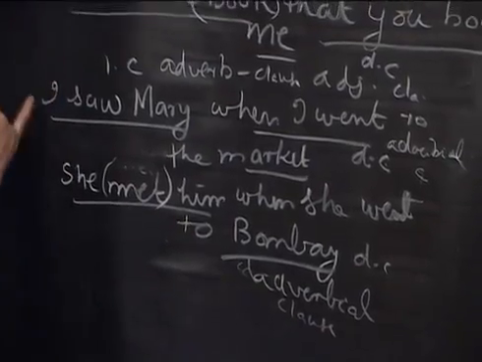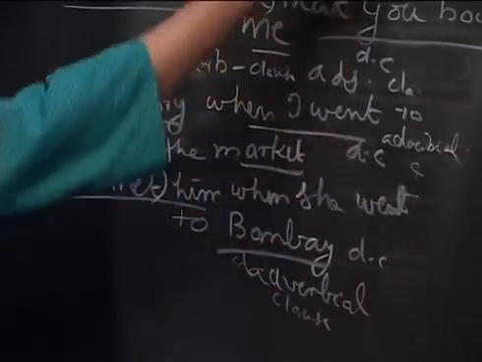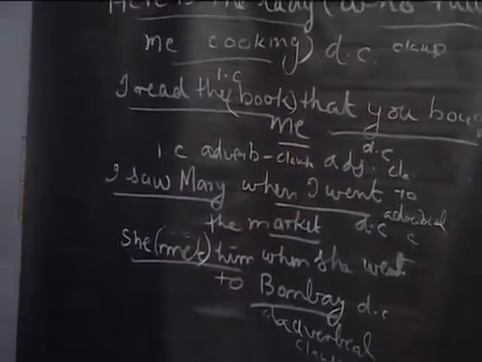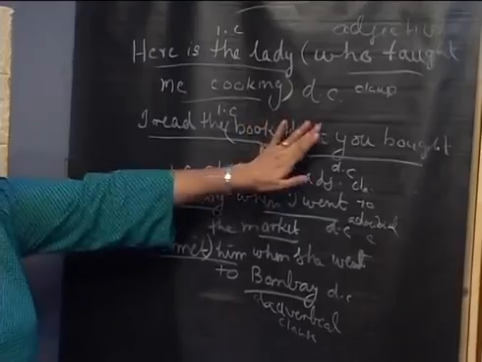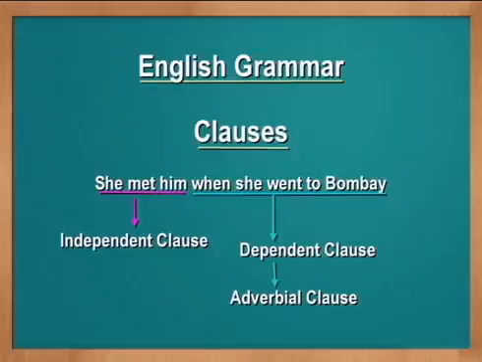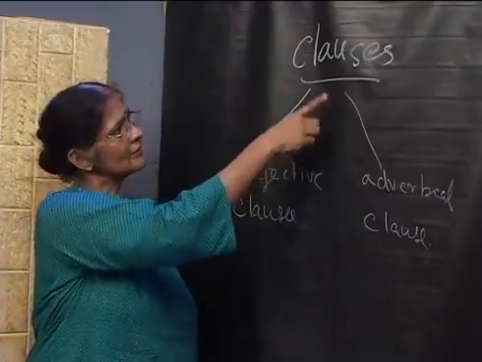So, these two clauses are examples of adjective clauses: who taught me cooking, that you bought me. And "when I went to the market" and "when she went to Bombay" are adverb clauses. So, let us see this.